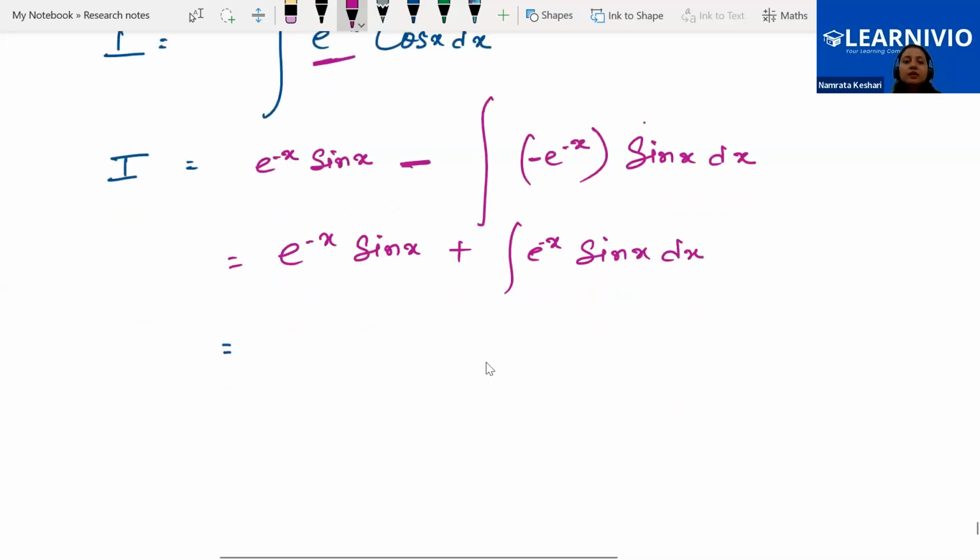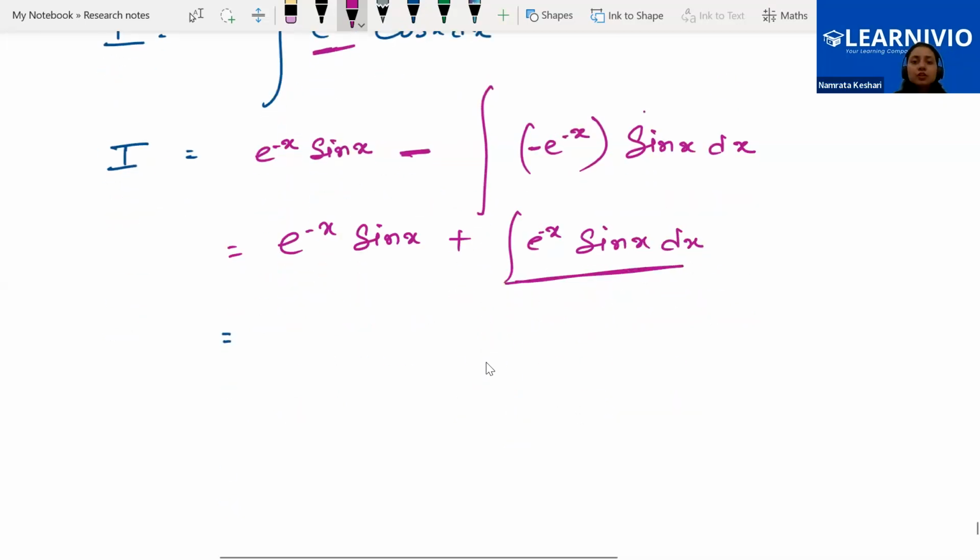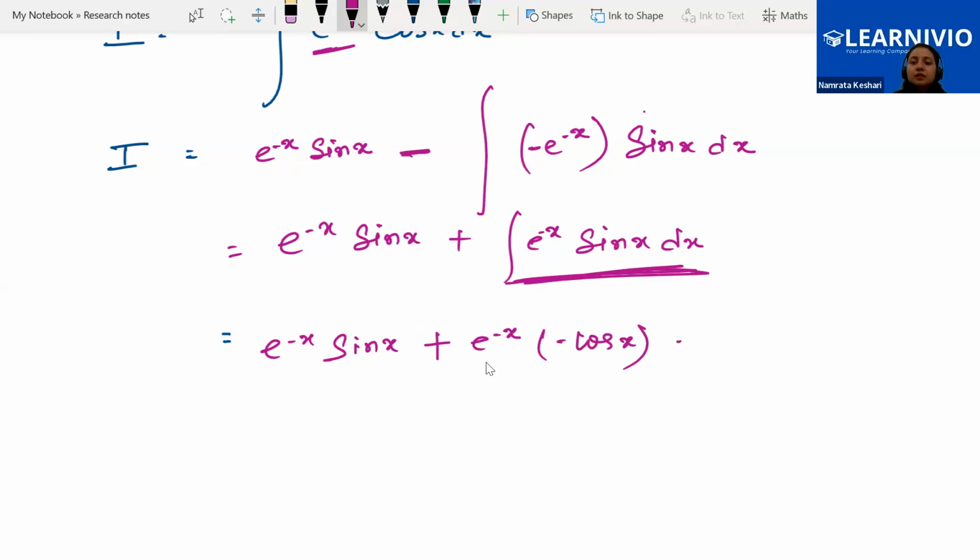Now we will be focusing on this integration. So e to the power minus x sin x plus this integration, again we will apply by parts. First function, integration of second. This time the integration of sin x will be minus cos x. Then minus sign is there and then derivative of the first function, and this one's minus.